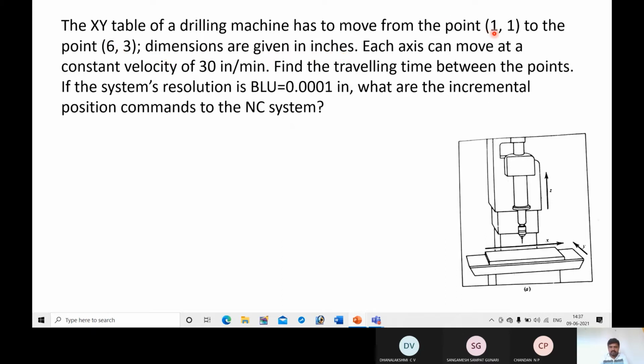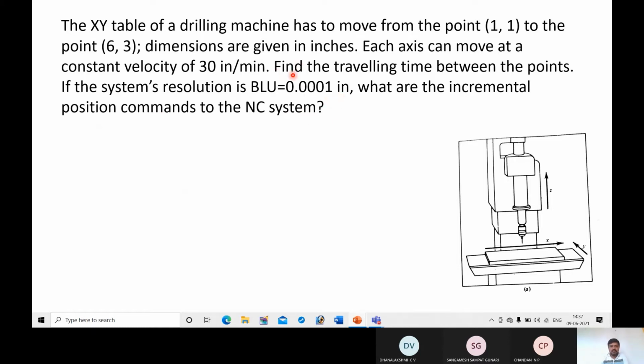That means these two are in inches, and again these two values are in inches. Each axis can move at a constant velocity of 30 inches per minute. Find the traveling time between the points if the system's resolution, the basic length unit, is 0.0001 inches. What are the incremental position commands to the NC system?